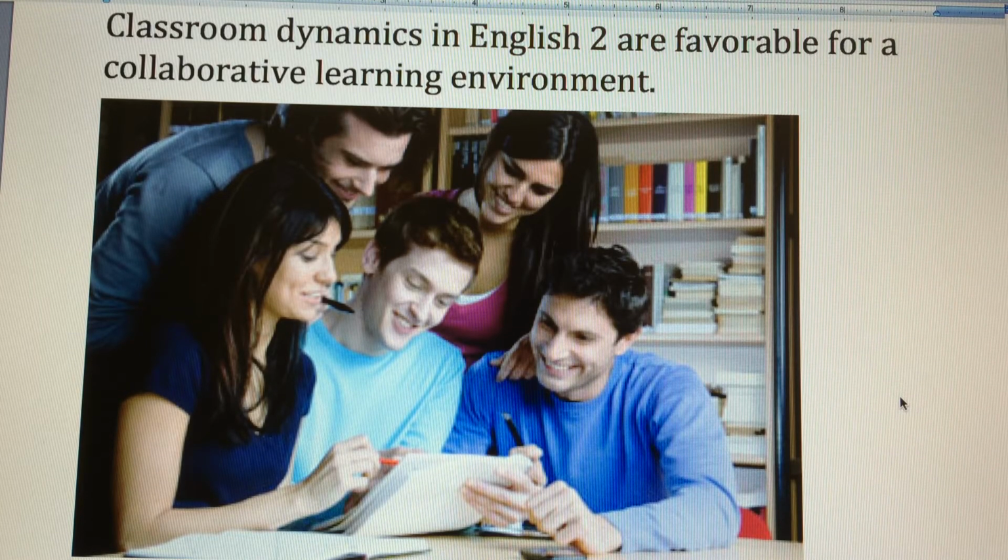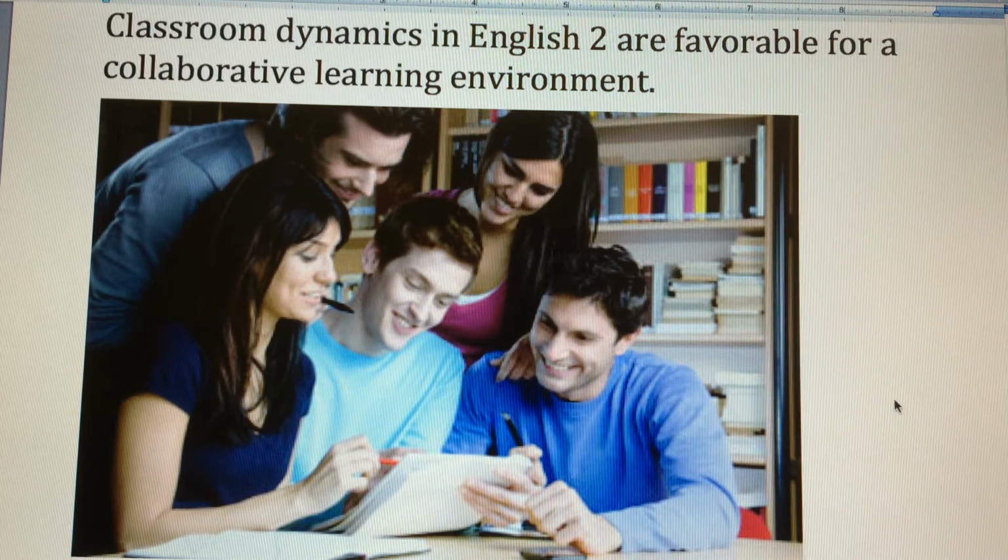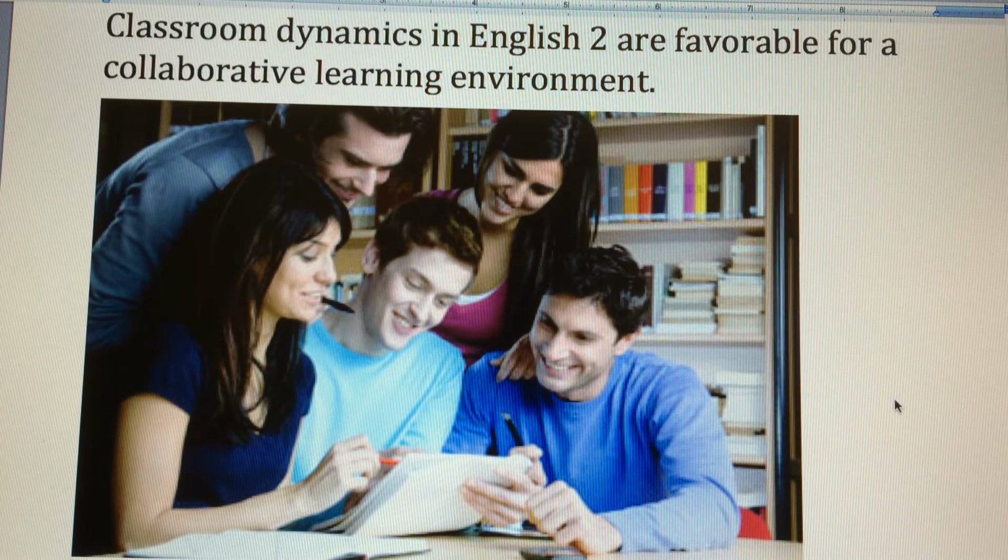The English 2 students help each other out, willing to work with each other on projects and to perform a scene on the stage as part of their quarter 3 oral presentation.